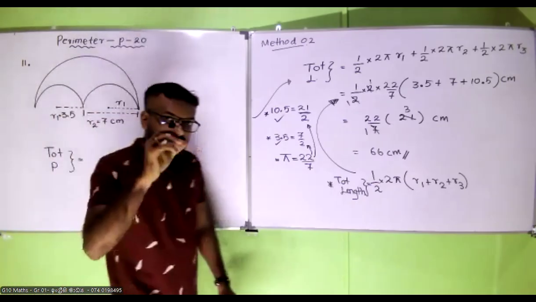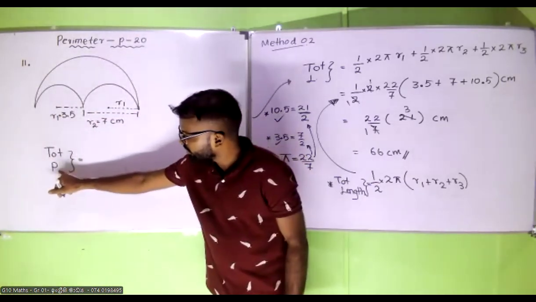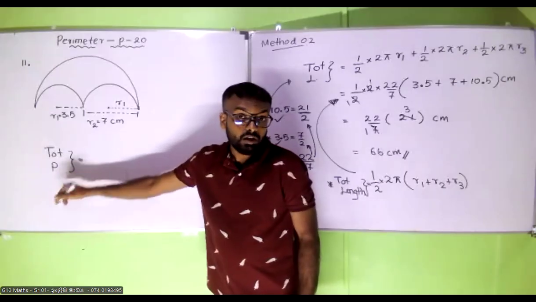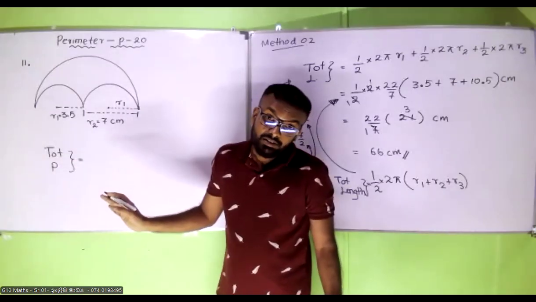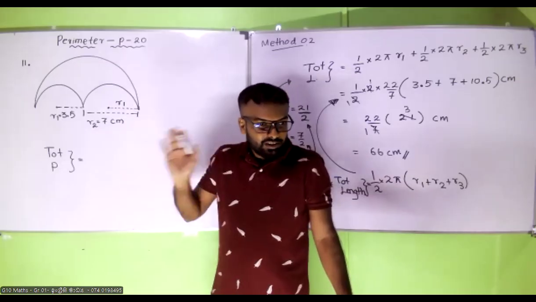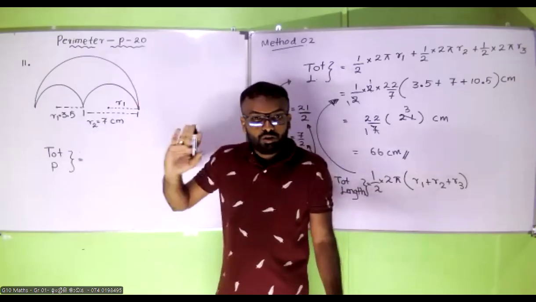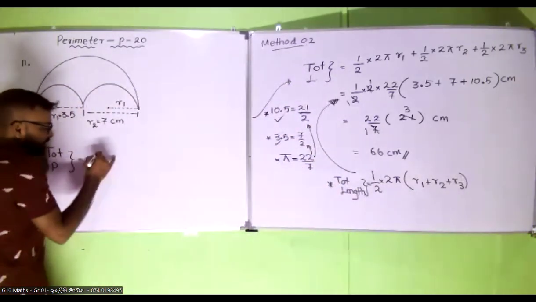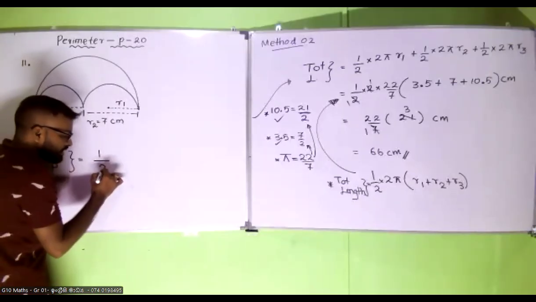Do not abbreviate; write all the things in full: total perimeter. You know the portion of the circle is half.